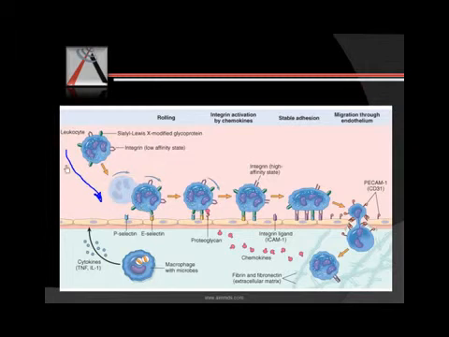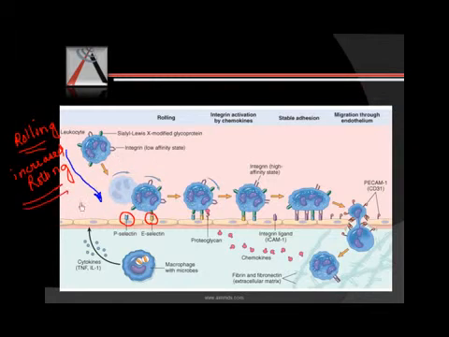In inflammation, the inflammatory mediators bring about the expression of selectin molecules, which bring about increased rolling. Rolling is the transient attachment of the PMNs to the blood vessels, and because of the expression of these selectins, the rolling is increased.